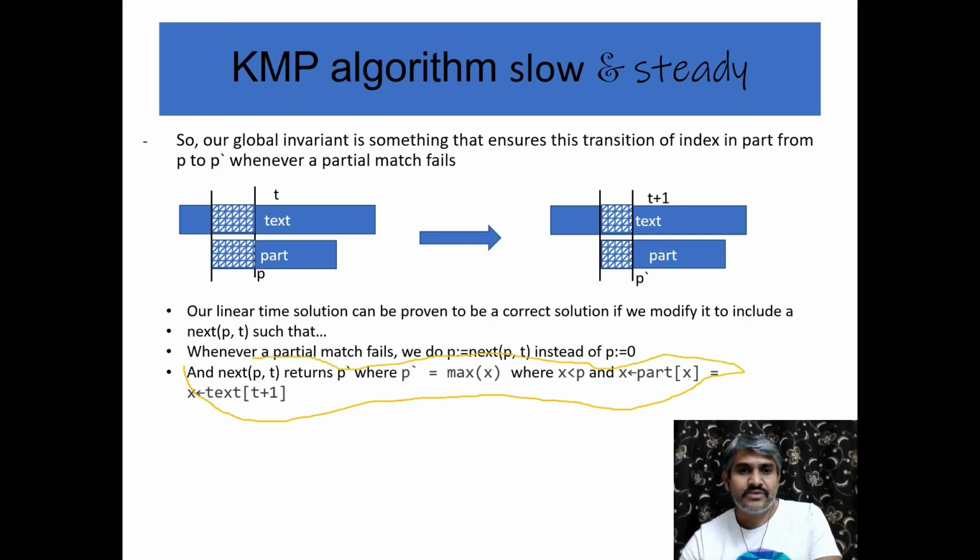We looked at it pictorially a minute back, but descriptively it will be something like this. I just don't want to read it out, but I'll pause for a moment there.